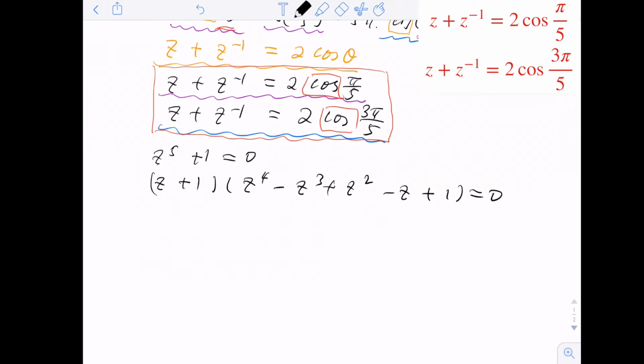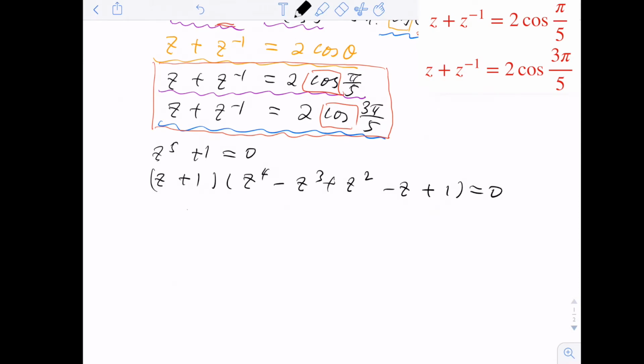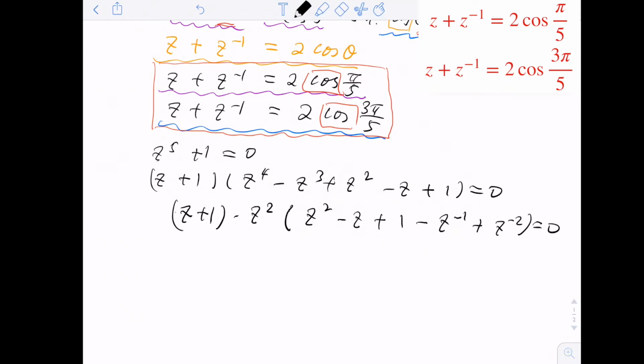And then I have z plus 1, and I'm taking z squared out here, and I have z squared times (z squared minus z plus 1 minus z to the power of negative 1 plus z to the power of negative 2) equals 0.